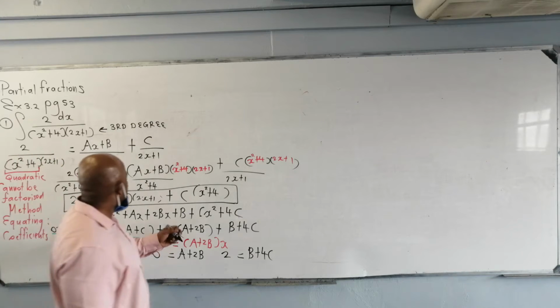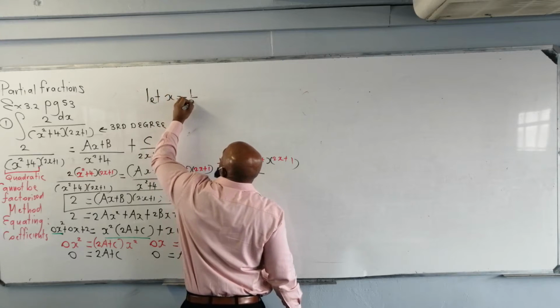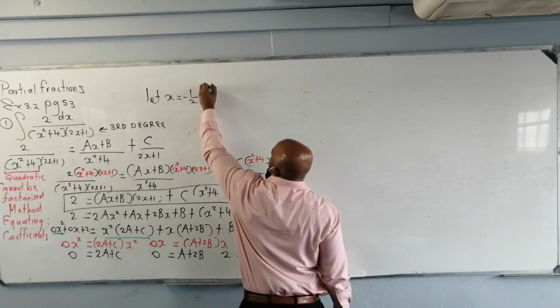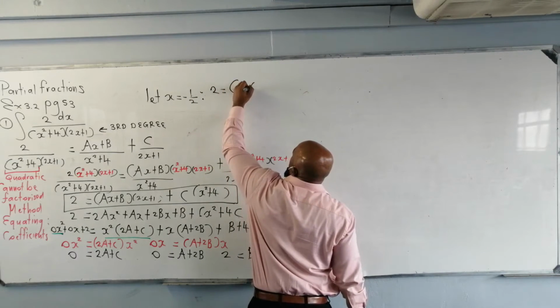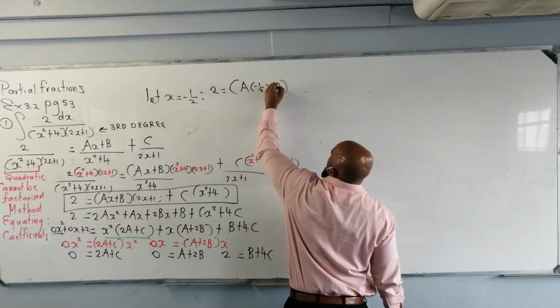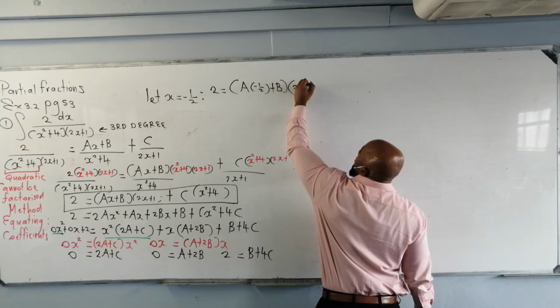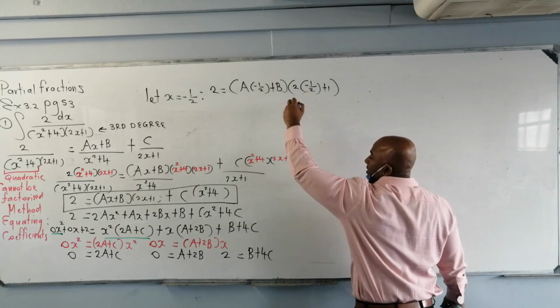So let's do that. If I say let x equal to minus half, on the left hand side, I have 2. On the right hand side, that's going to be A times minus half plus B. Although it's unnecessary to write this down, you know it's going to be 0: 2 times minus half plus 1 there.